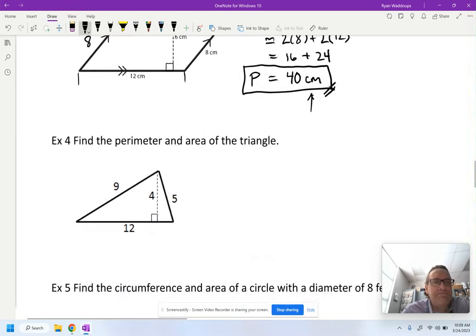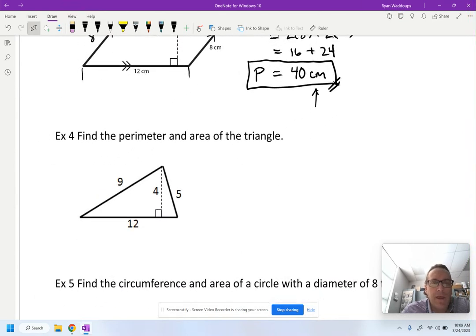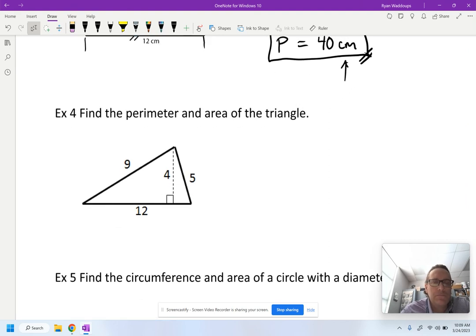All right, example 4. Find the perimeter and area of a triangle. All right, perimeter. The perimeter is the sum of the sides. So we've got 9 plus 5 plus 12.